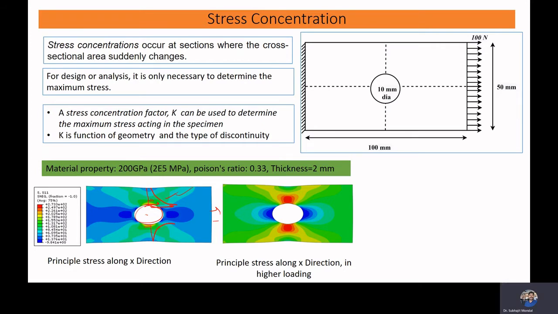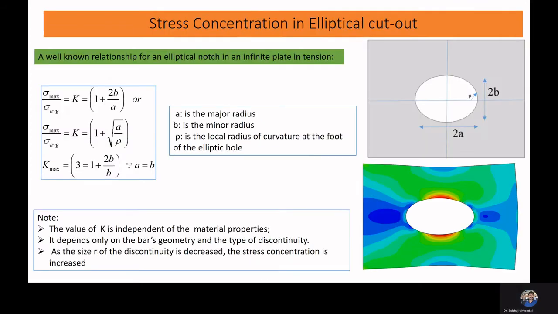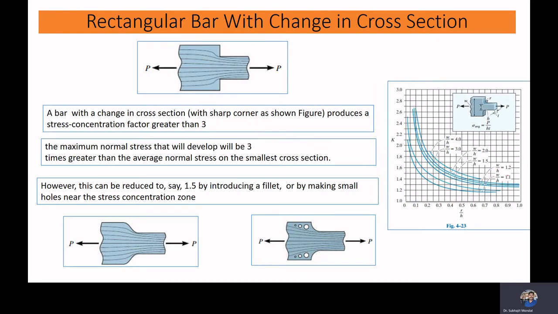Now here we'll see the stress concentration factor for an elliptical cutout, and next we'll discuss the stress concentration for a circular cutout, and again we'll discuss how stress concentration is affected by a change in the cross section.